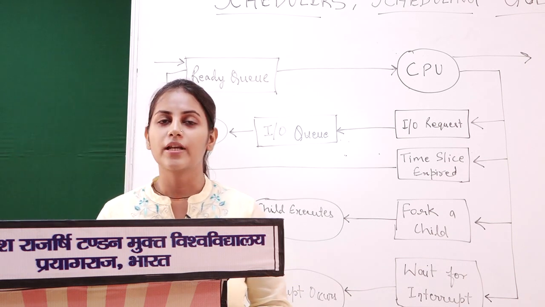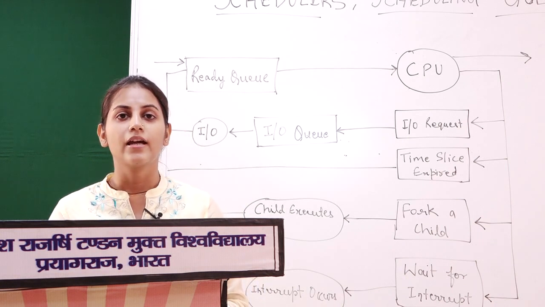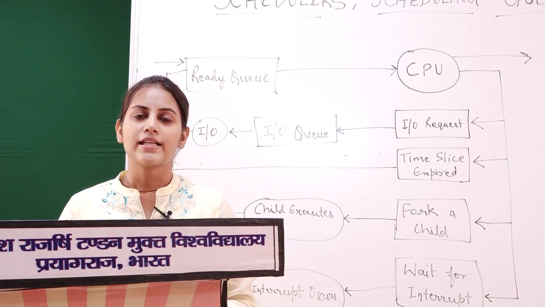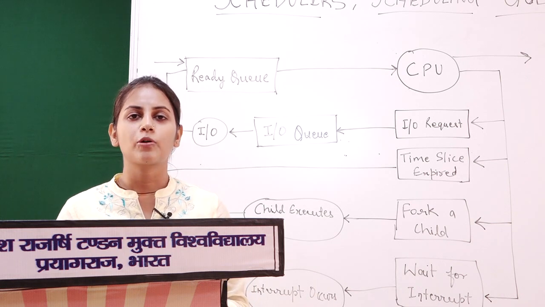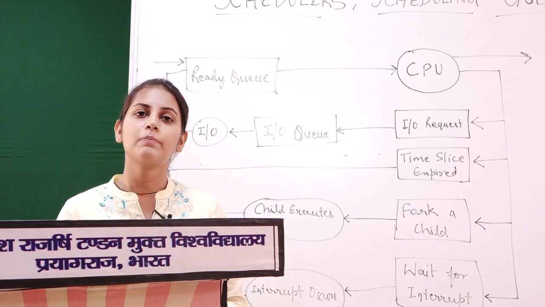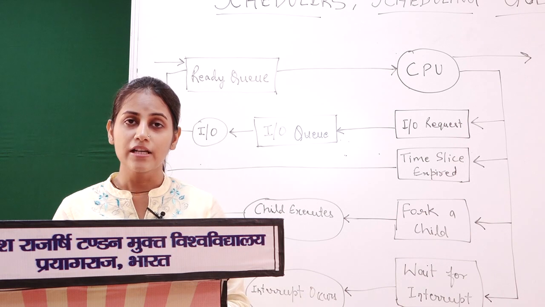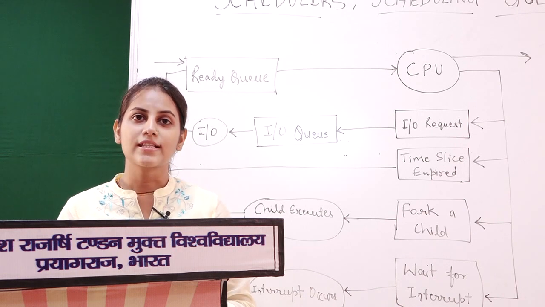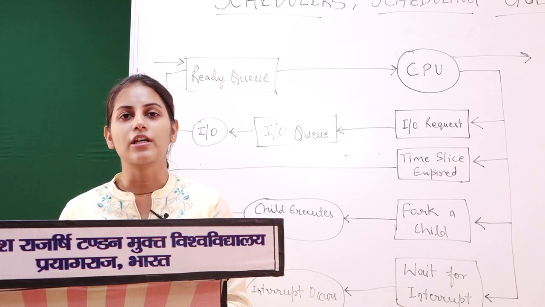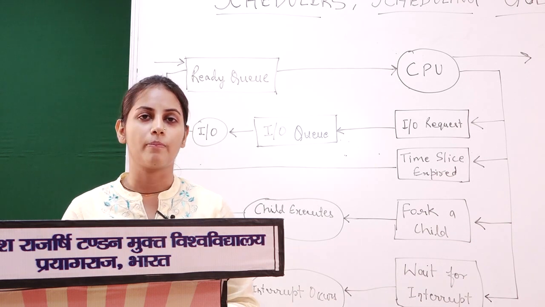Another concept related to processes is context switching. You know that in a multi-programming system, suppose we have a single CPU. In that case, the CPU can only execute one program at a time. But we know that processes do not always keep executing on the CPU, because they might be waiting for some event or some I/O.